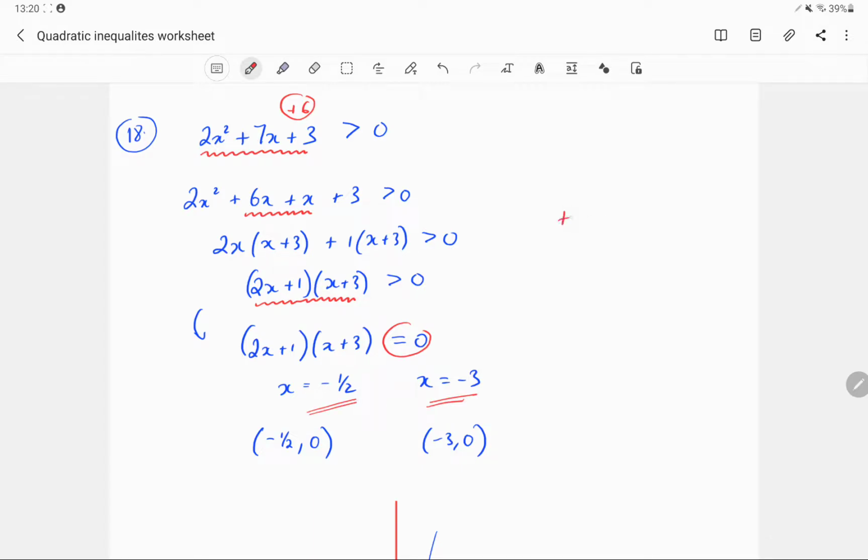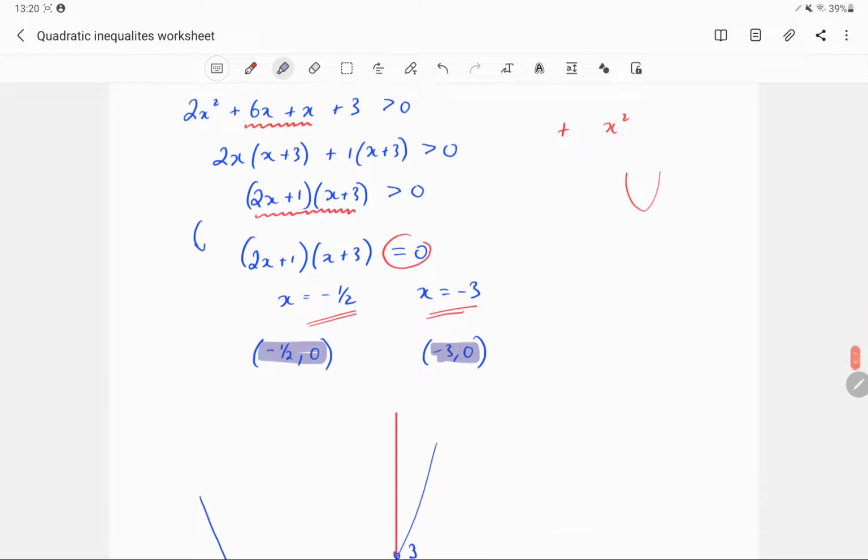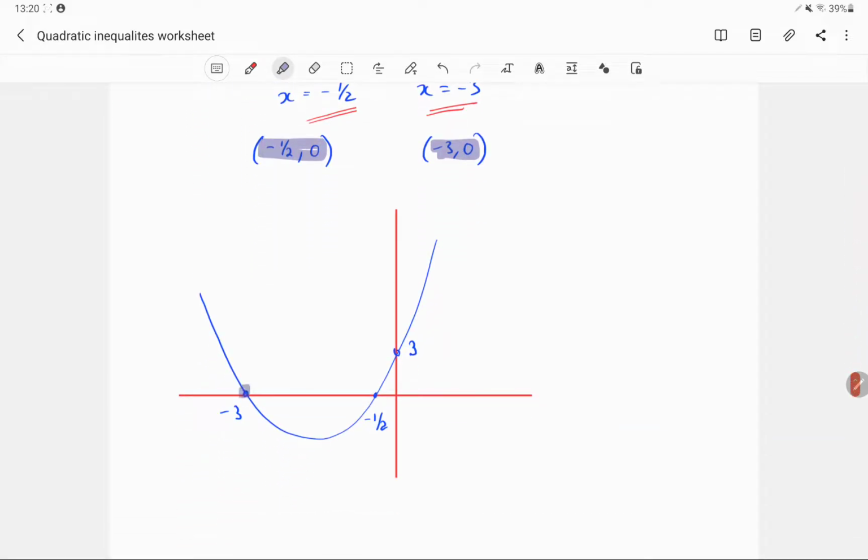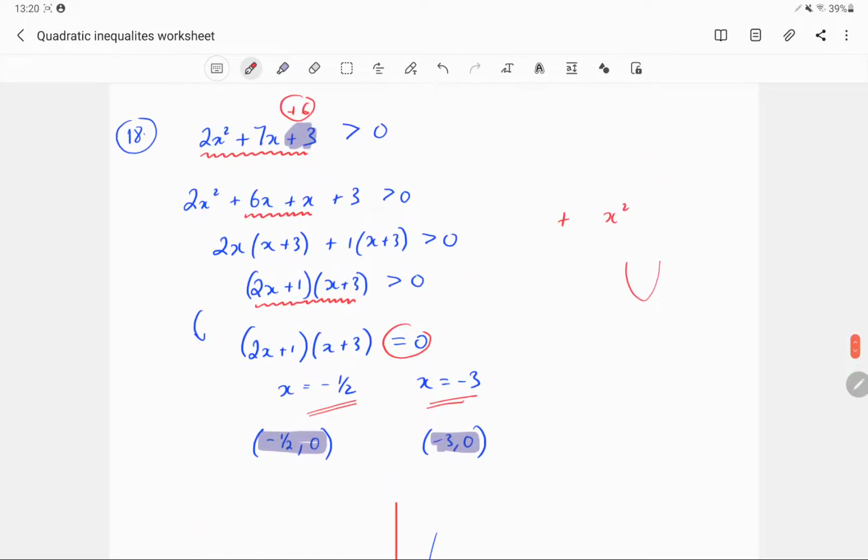It's a positive x squared curve, so it's going to be a U shape, and it goes through these points and also cuts the y-axis at 3. So our x coordinates are minus 3 and minus a half, and it goes through this point 3. Now this is the curve 2x squared plus 7x plus 3.